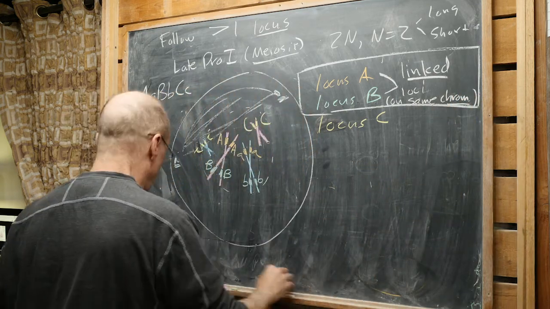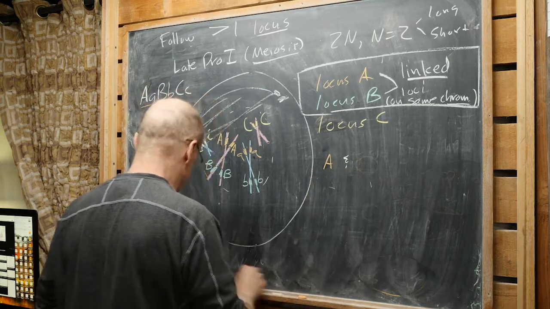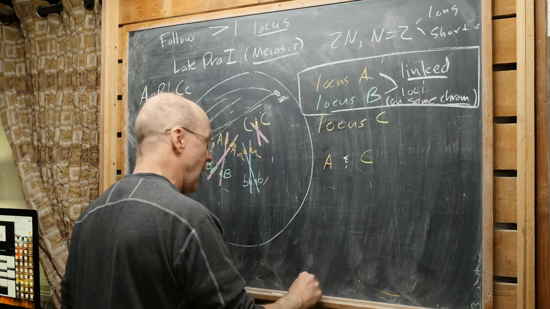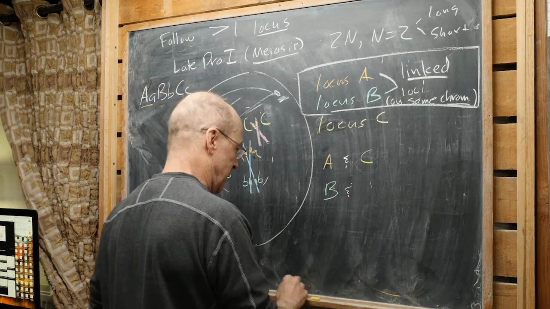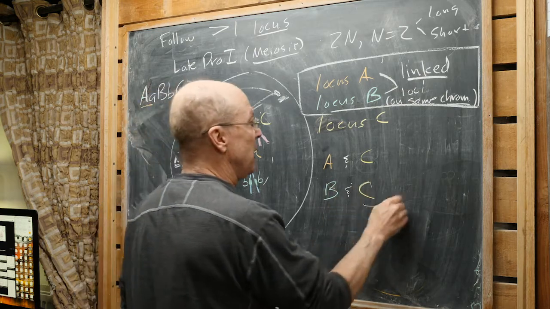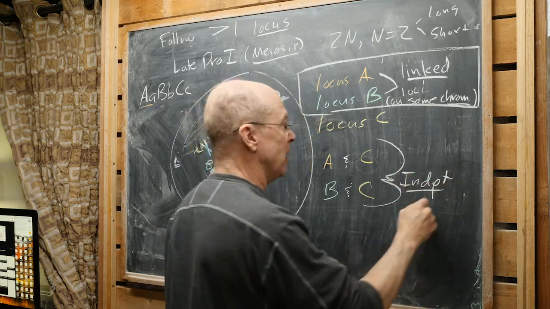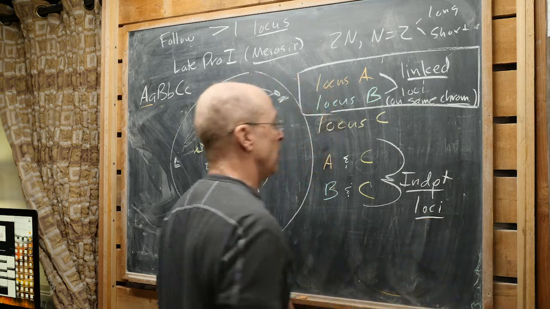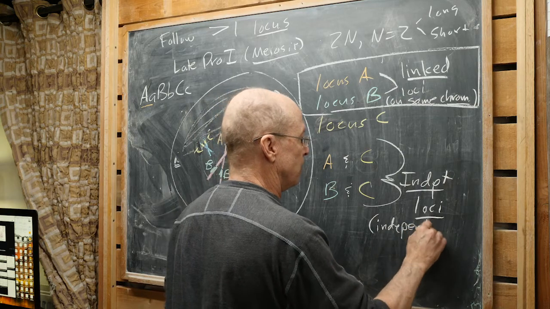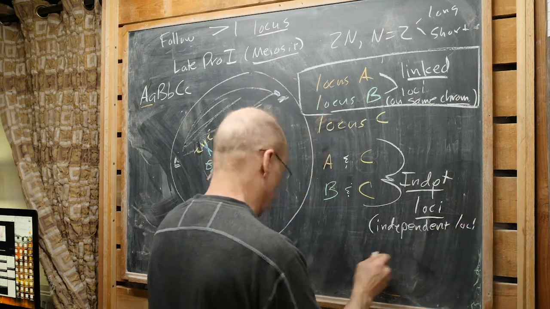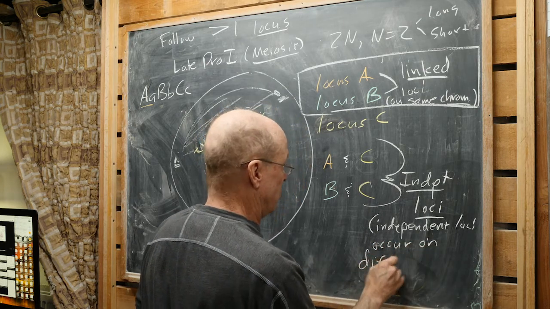And then A and C, as well as B and C, these are what we call independent loci, which I'm abbreviating. So this means that independent loci are on separate chromosomes, or on different chromosomes.